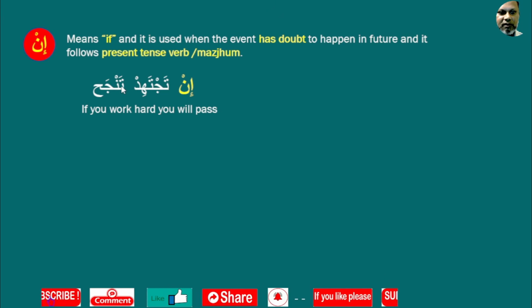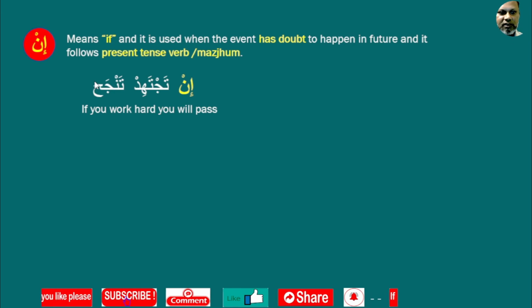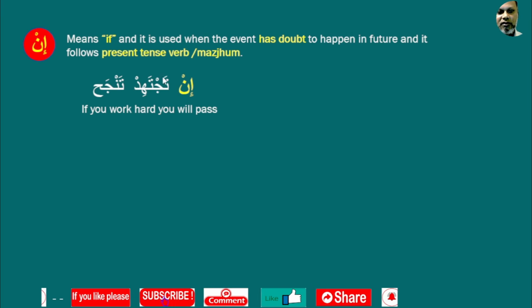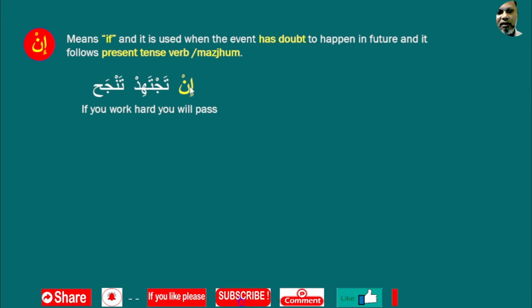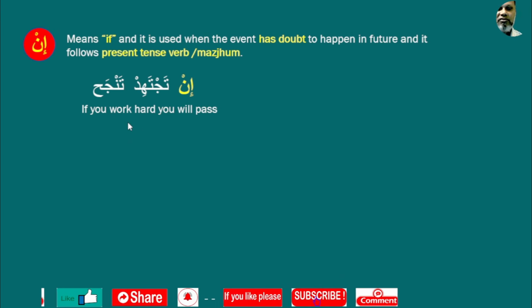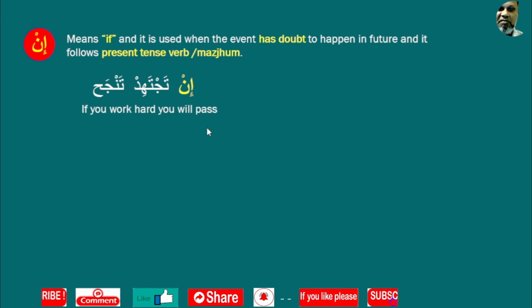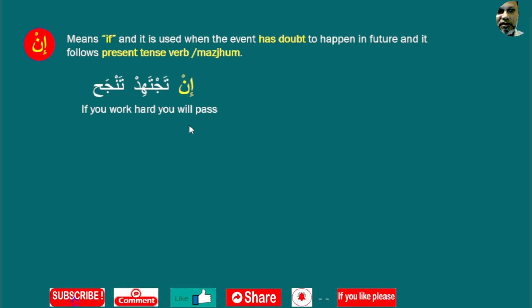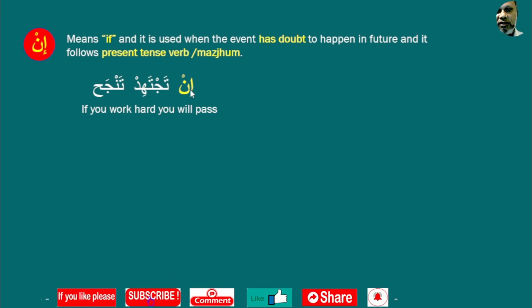Then tanjah, tanjah means you will succeed, so it will have sukun here. So this verb takes sukun in the present tense form, and it is a future event that may not happen. If you work hard, you will pass, but there is doubt. You work hard, but maybe you will not pass. The event is not confirmed. So we can use in.